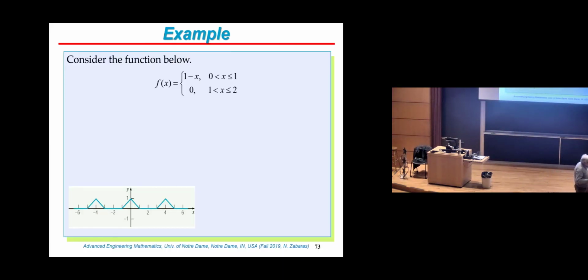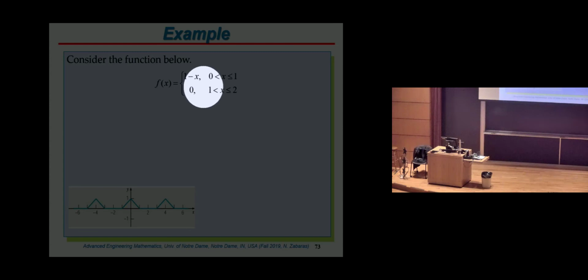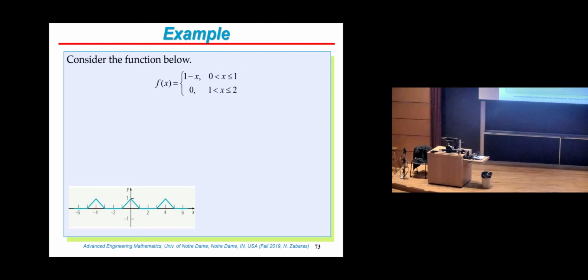And you would like to use a Fourier expansion for this function, right? So the first thing you need to do is produce some periodic version of this. And then once you're done with that, you say, I'm going to use that Fourier expansion only from 0 to 2, and it will be a Fourier series expansion of this function in that interval.